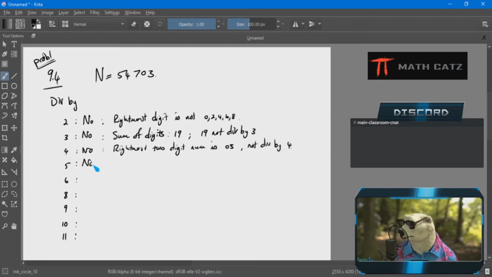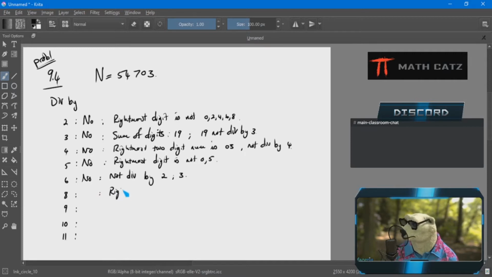5, completely different test. I'm going to get all no's, aren't I? Rightmost digit is not 0 or 5 that it's allowed to be. Then 6 is going to be a no as well because the number is not divisible by 2 and it's not divisible by 3 either. I needed both for 6 to be a yes. 8, well, let's check.